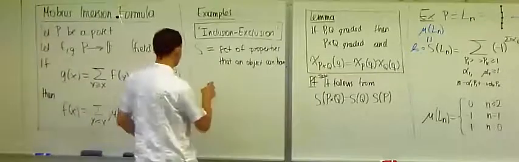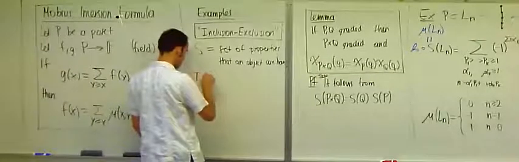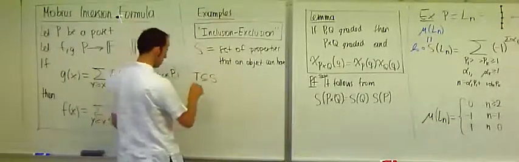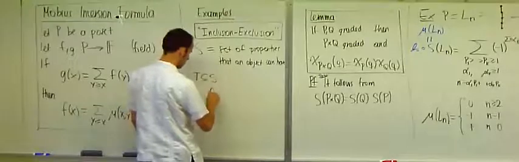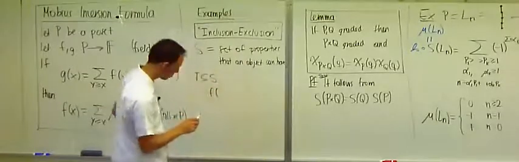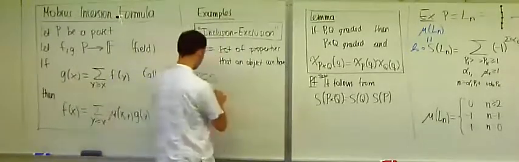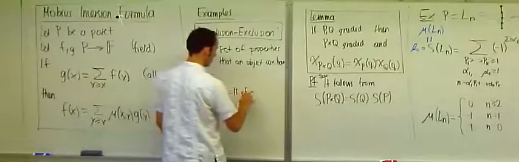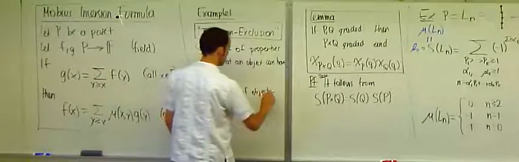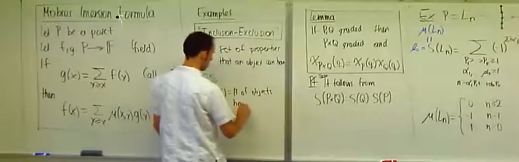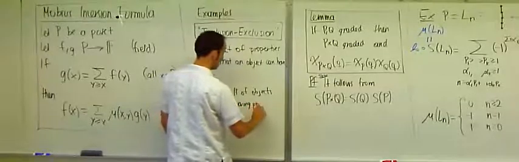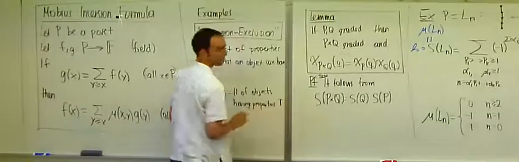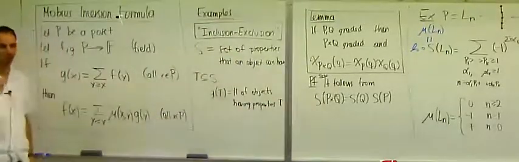Okay? And then you say for every subset T of S, we're going to say that g of T is the number of people or number of objects having the properties in T. So that might be the number of people that are blonde and like soccer.